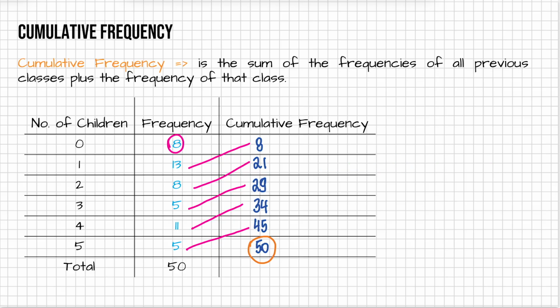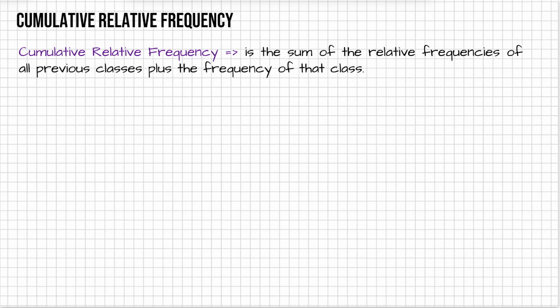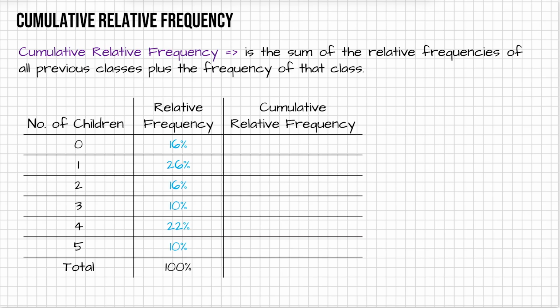Last but not least, we're going to talk about cumulative relative frequency. It works exactly the same way as cumulative frequency, except now we're accumulating relative frequencies instead of the raw counts, adding up every relative frequency up to and including the class we're on. So just like before, the first class simply repeats its own relative frequency, 16%.